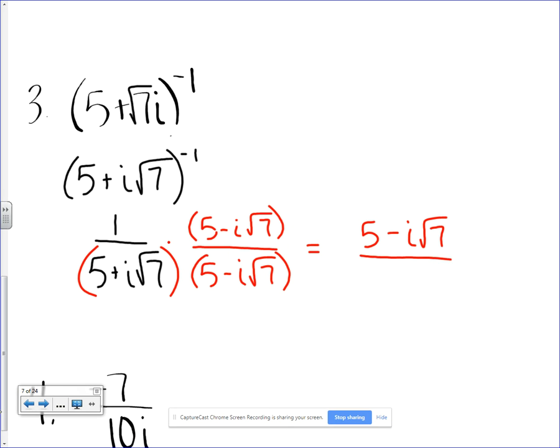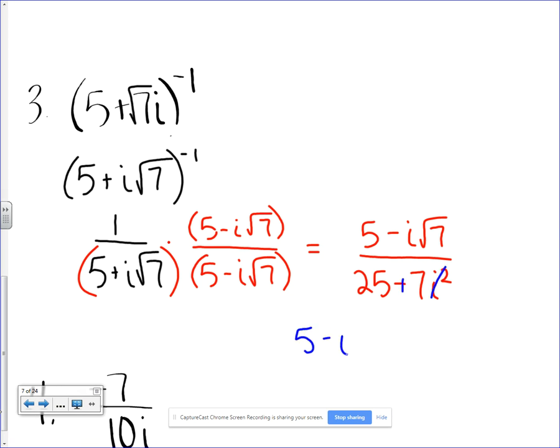Denominator is conjugate, so you just need to multiply your first and your last. You'll get a 25 minus i squared. And what else? 7. So it's 7i squared. So then it's just a 7 because i squared is negative 1.